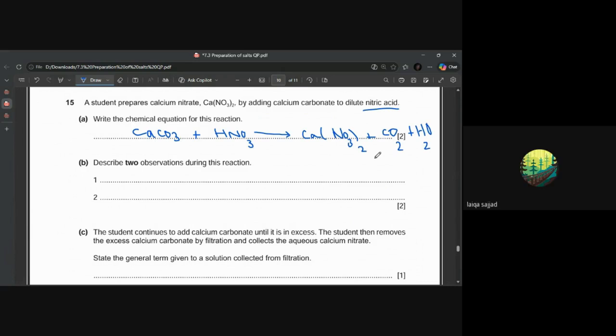Very good. And what about the state symbols? Calcium carbonate, solid. Very good. And nitric acid is aqueous. Very good. And then we will get calcium nitrate.